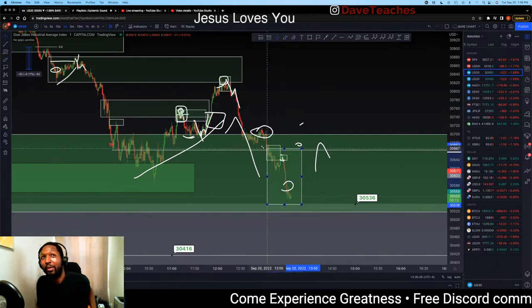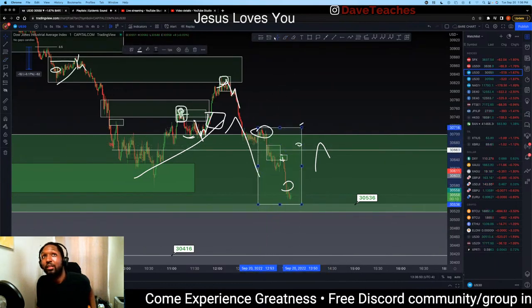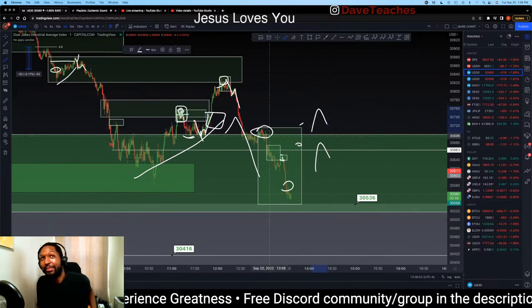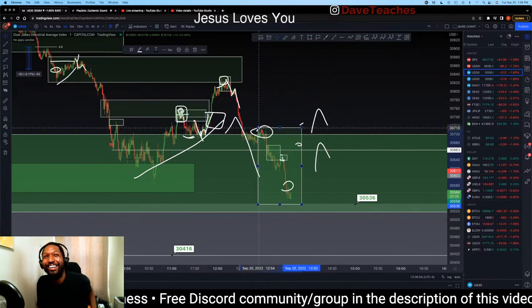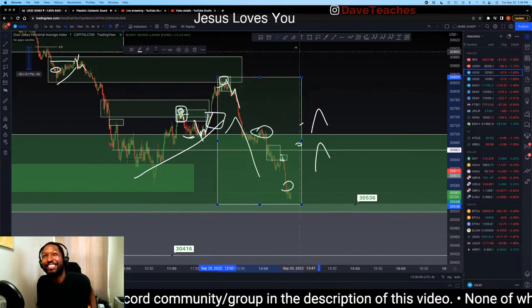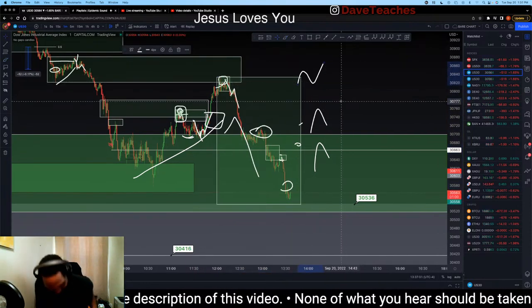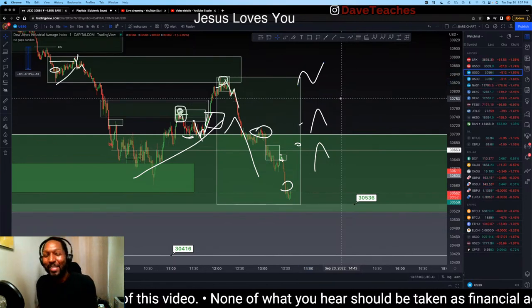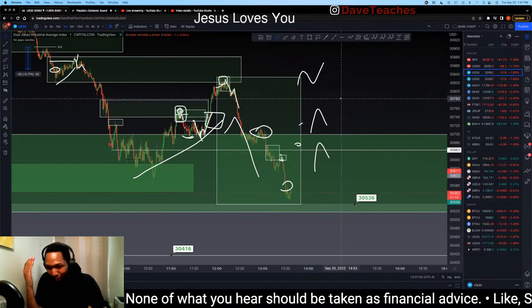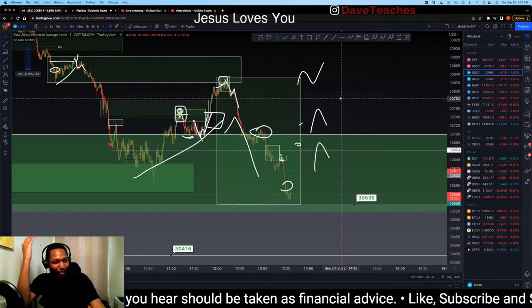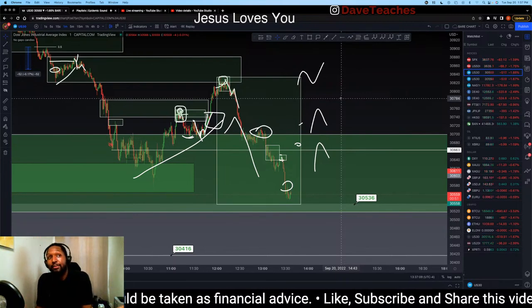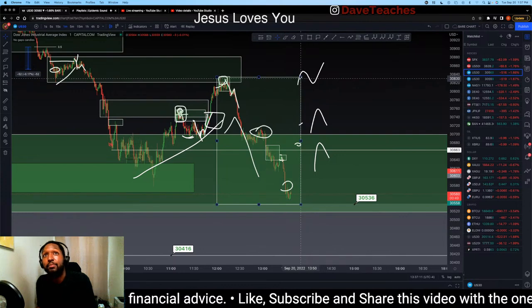And then if we go up above this, we should expect this. And then if we go up above this, we should expect this. Yo, it's the same stuff, man, over and over again.